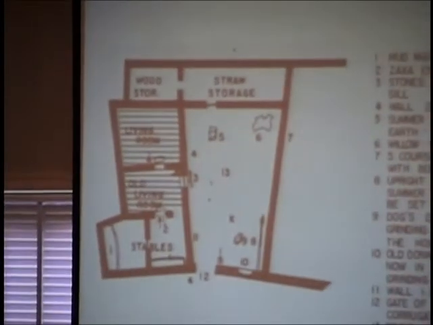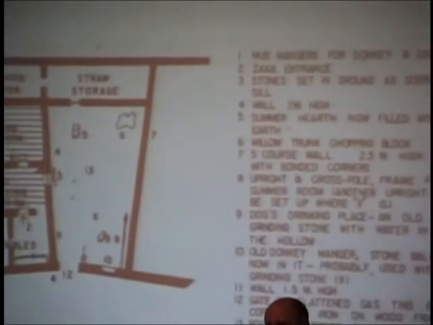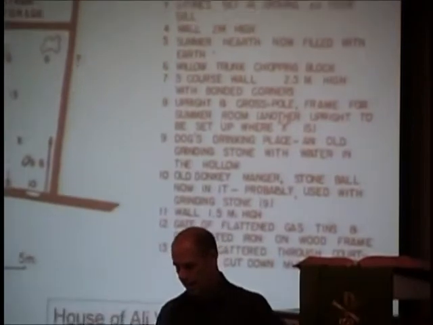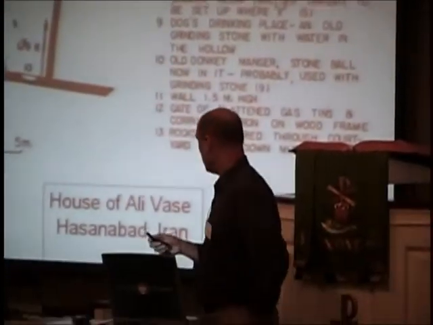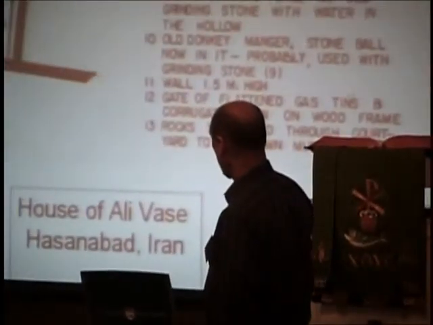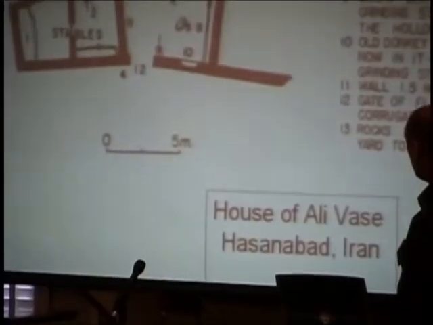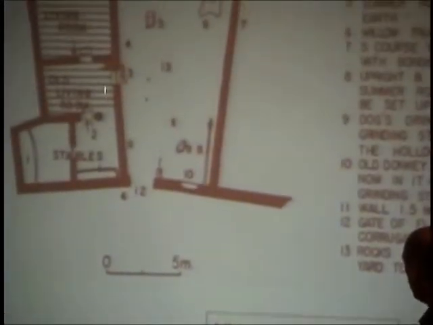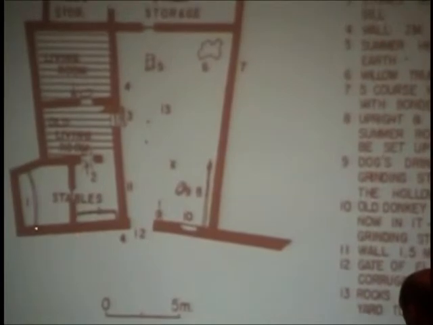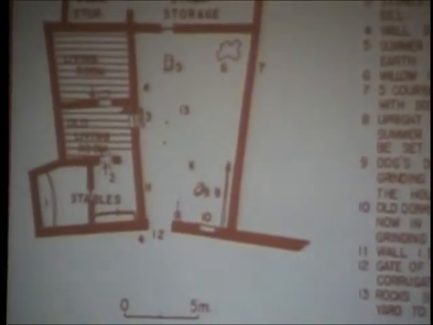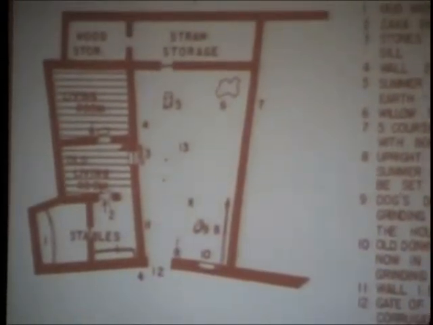So this is a modern village peasant house. And in this modern village peasant house, the doorway is here. This was an unroofed courtyard. When you walk past the house, high walls, it just looks to you like the whole thing's under roof.